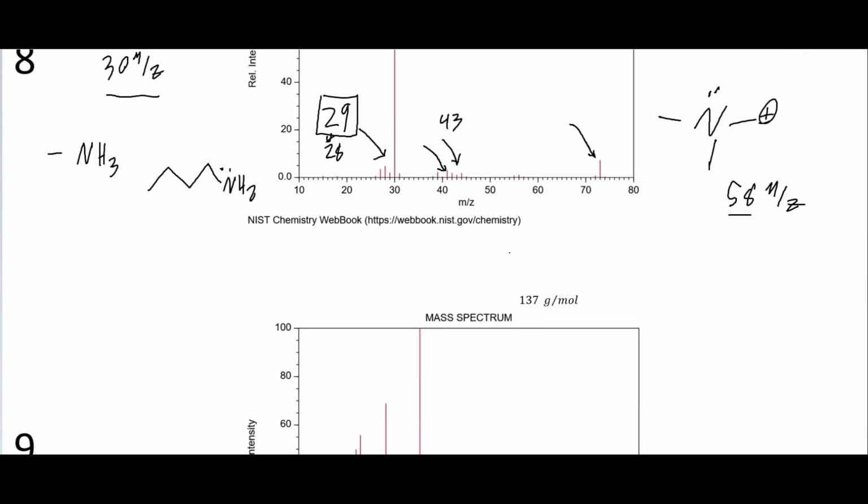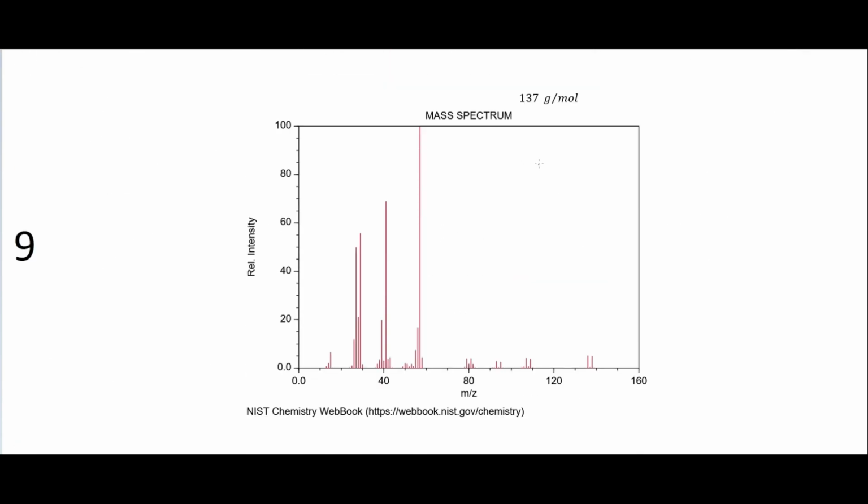And so if we go on to the next one here, now we have one where we have this 137 M plus, and it looks like we have 120, 130 showing up. And the other thing to notice on here is that we have an M plus 2 that is about the same size as our M plus, which tells us that we probably have a bromine in this structure, where the bromine has a 79 and an 81 isotope that are both about 50-50 with each other.